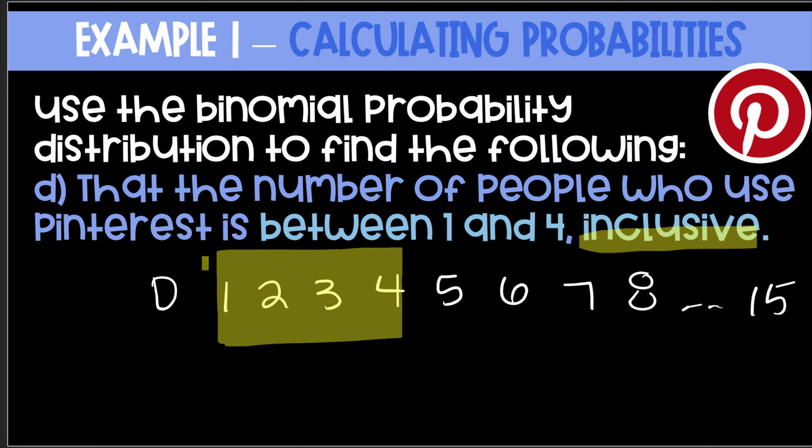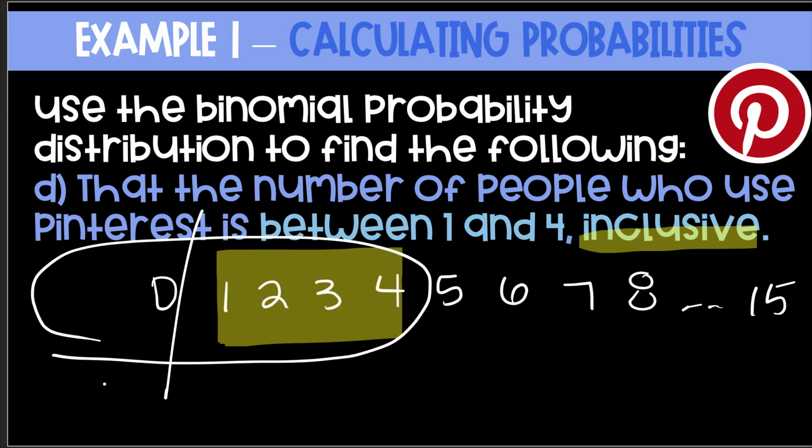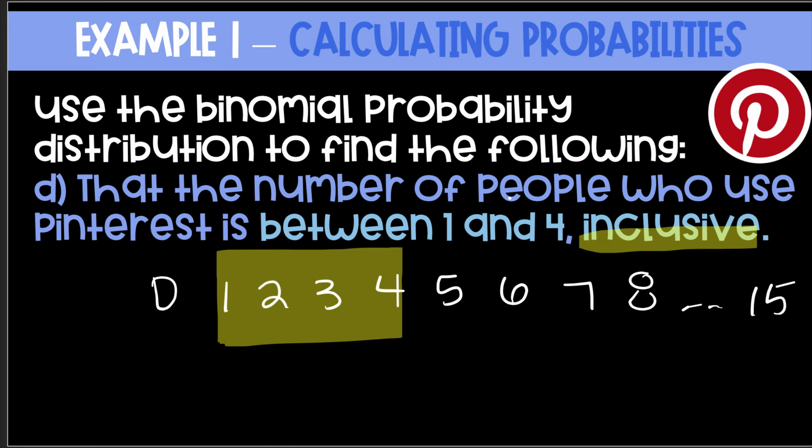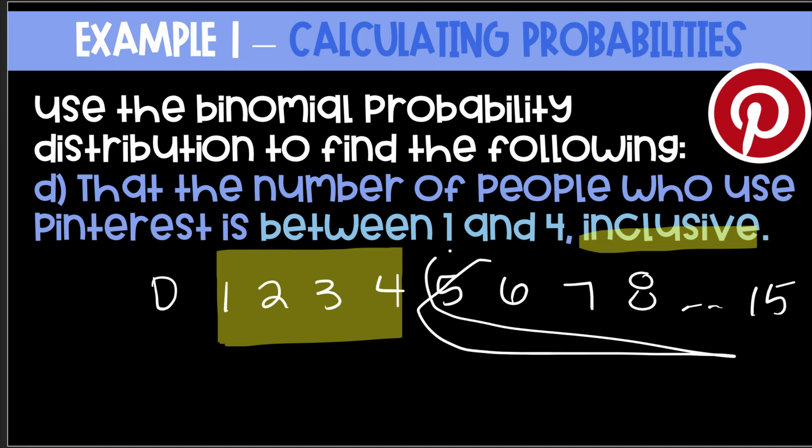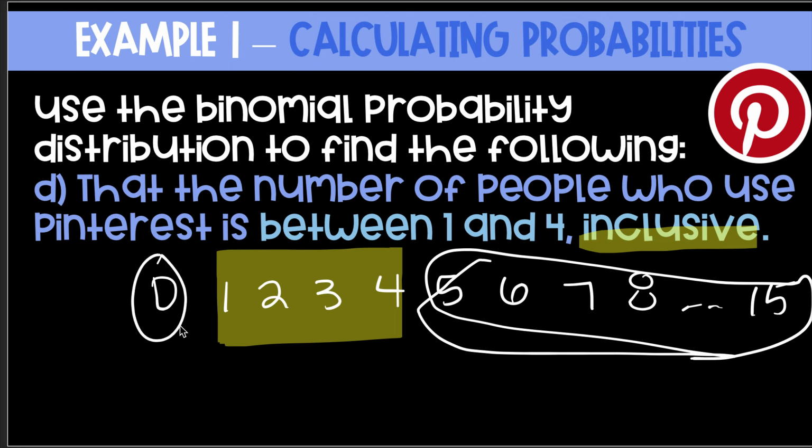Remember, my command in Excel gives me up to a number. What you can do is compute the probability up to 4 and then subtract the probability of 0, or you can compute the probability of more than 4, add the probability of 0 and subtract from 1.